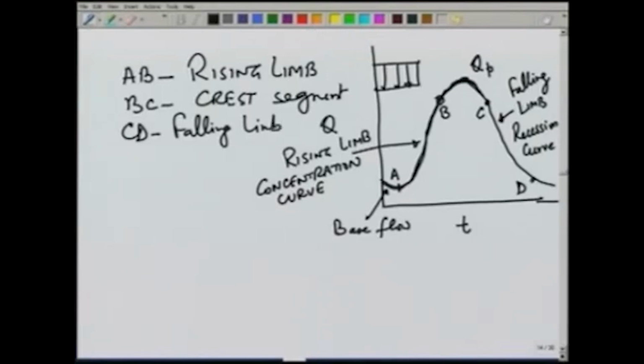The point D typically will be a point where, after D, we will have only base flow, and there is no direct runoff beyond the point D.